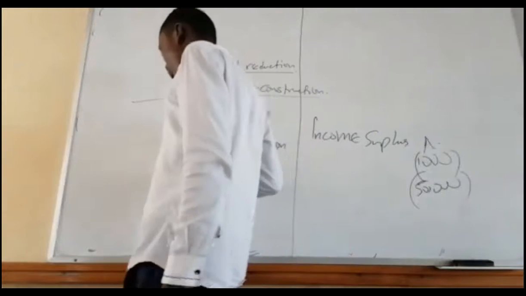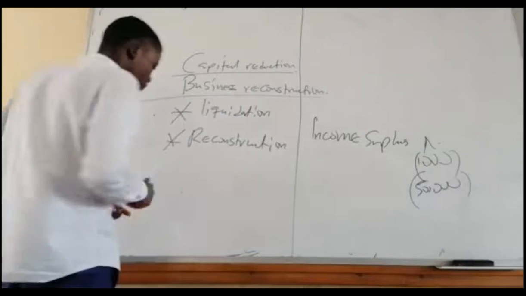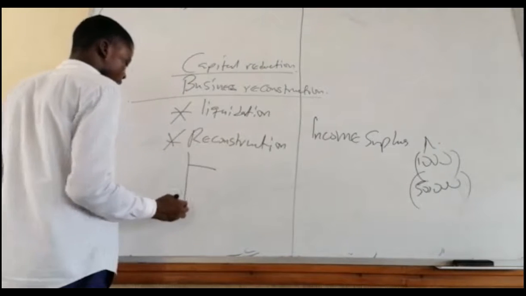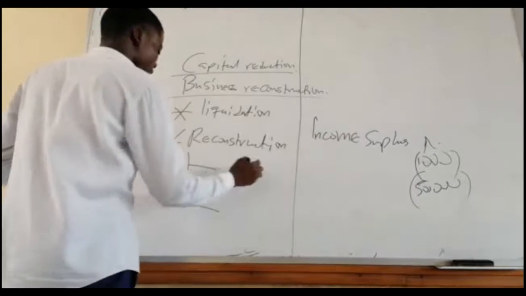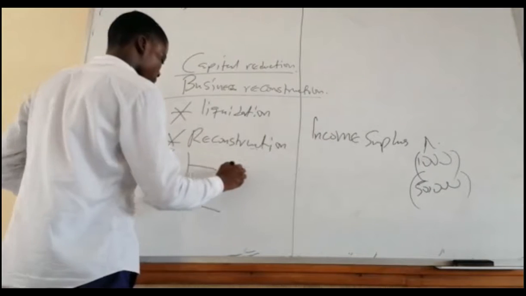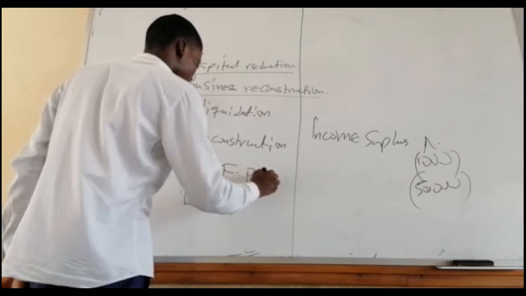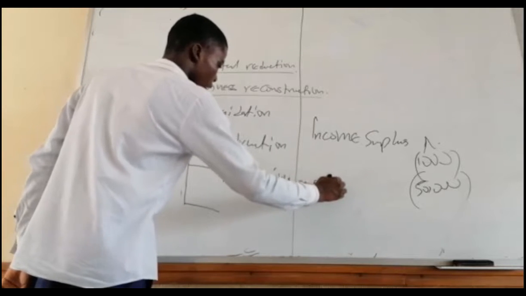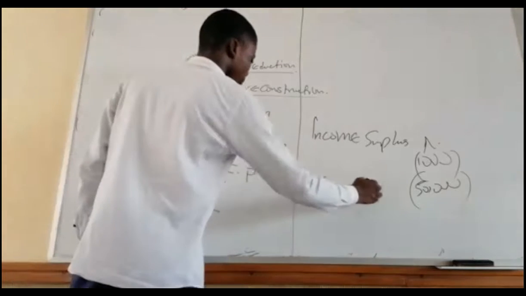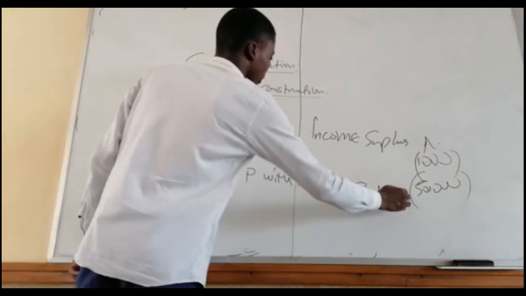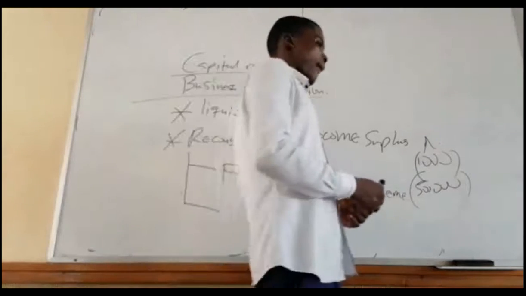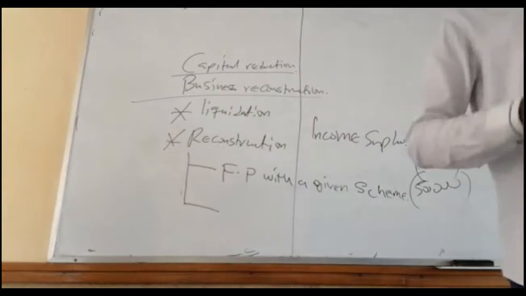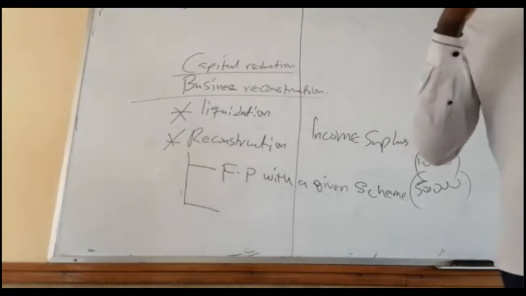Now, reconstruction for the purpose of the examination, we will meet two. We need a scheme. First, they'll ask you to prepare a financial position with a given scheme. That means there must be a scheme, a proposal, a formal structure on how the business must be revived.